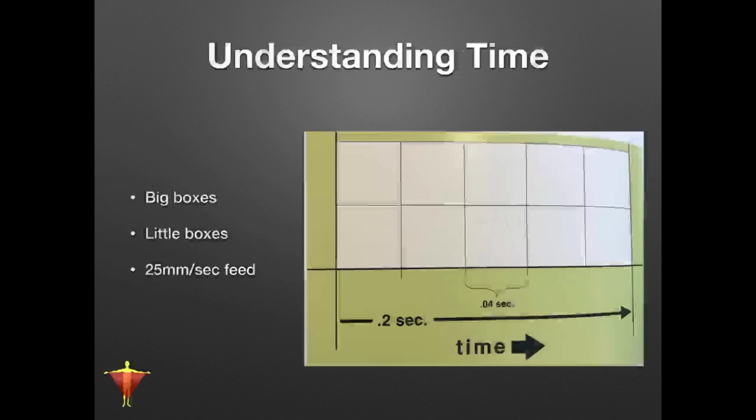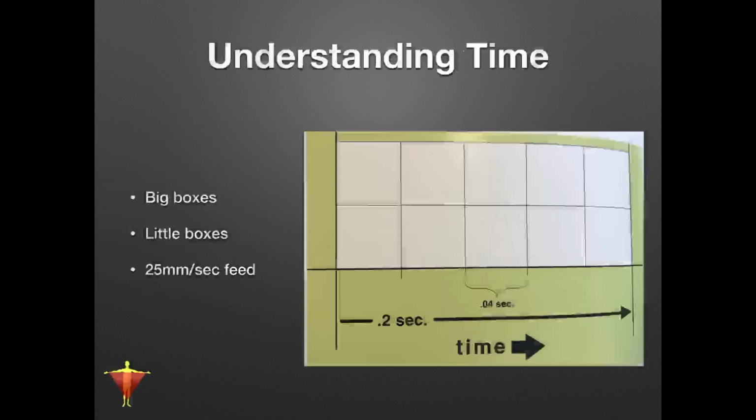So we know that obviously 0.04 times 5 is going to be 0.2. So if we have five of these, or five big boxes, that's going to represent 1 second of time, right? If we have 15 large boxes, that's going to represent 3 seconds of time. So again, just being able to interpret what those boxes actually mean.